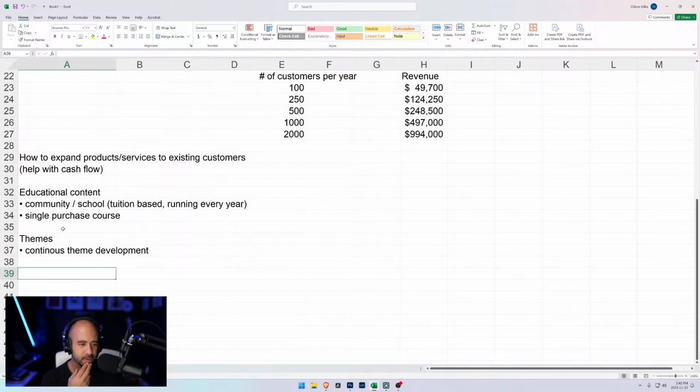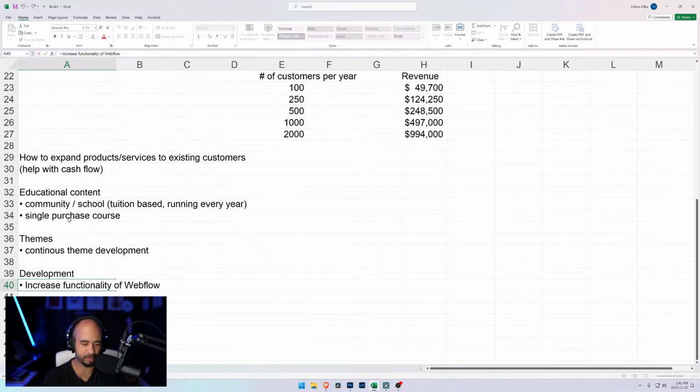And what else? Does anything else come to mind in terms of what you can do? In terms of development, and this would be well into the future, just spitballing now, there could be ways to increase the functionality of Webflow.